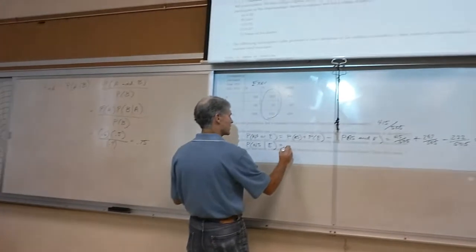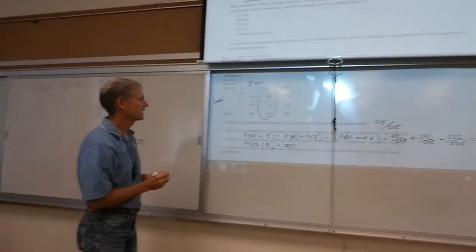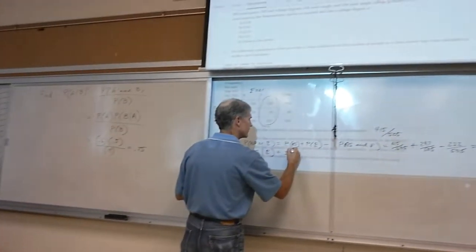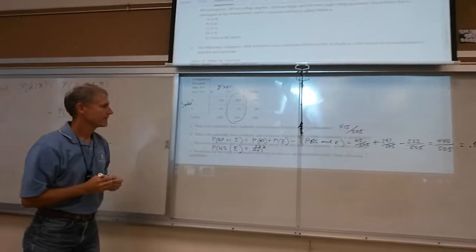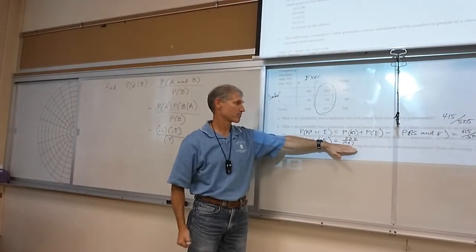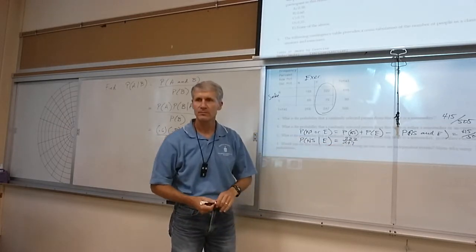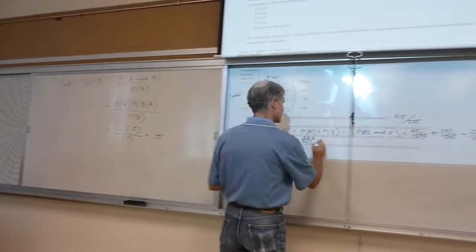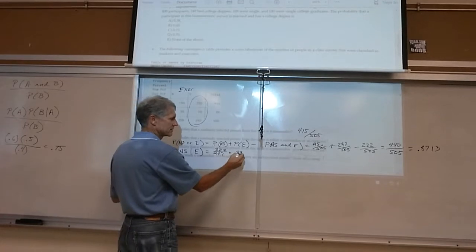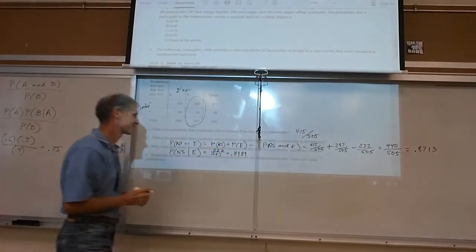So this is going to be 247 on the denominator, and on top, 222. Okay? So what is that as a decimal? It's going to be pretty close to 1, because that's almost all of them. 0.89. Give me two more decimal points. 0.8989.